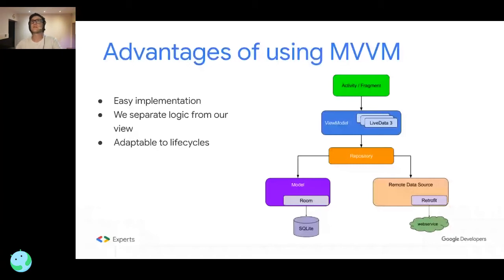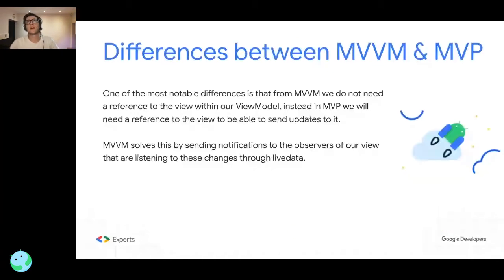So what's the difference between MVVM and MVP? We can use both, and at this time there is no big difference between them. But one big difference that I think is the most important is that in the MVVM pattern, we don't need the view inside of our view model.